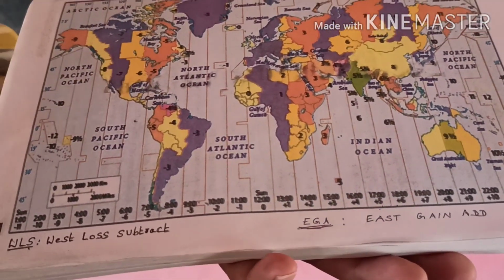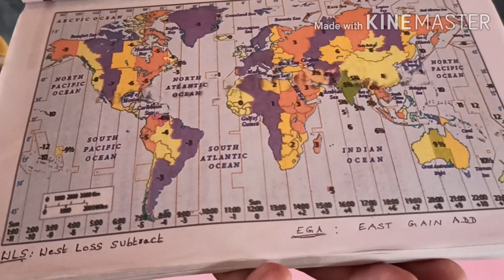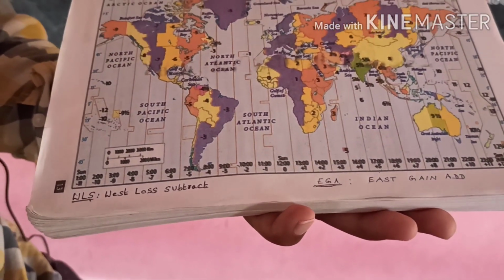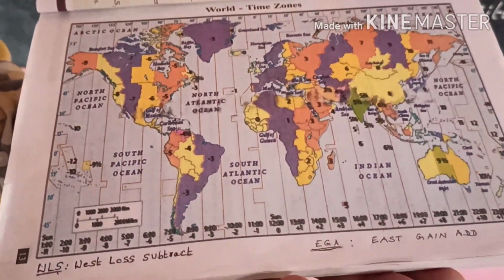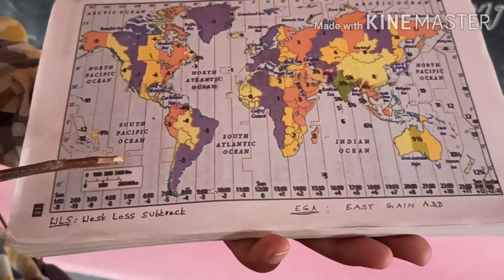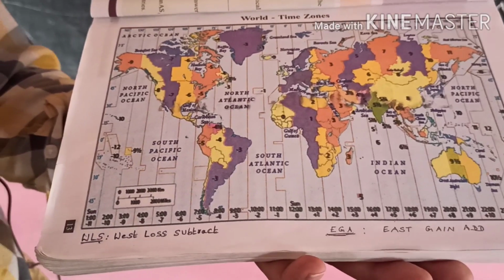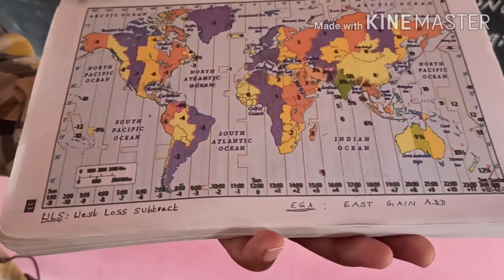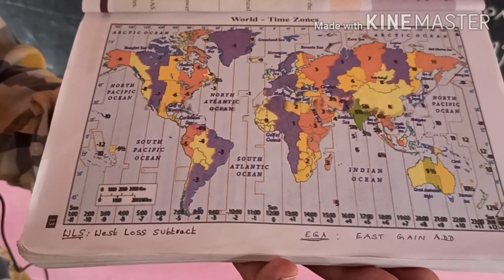To avoid the confusion, the country follows the time from the longitude that passes through the center of the country. That longitude time is called standard time.